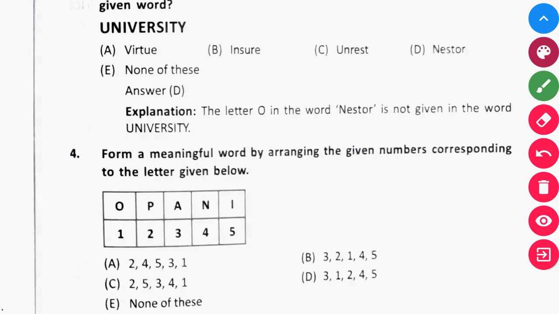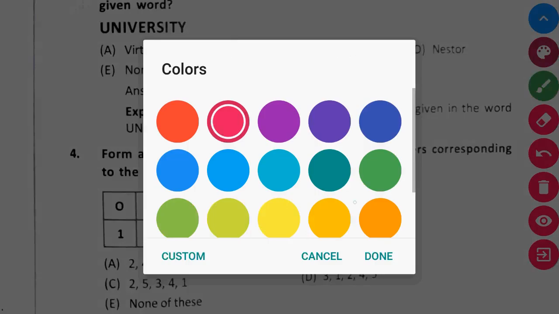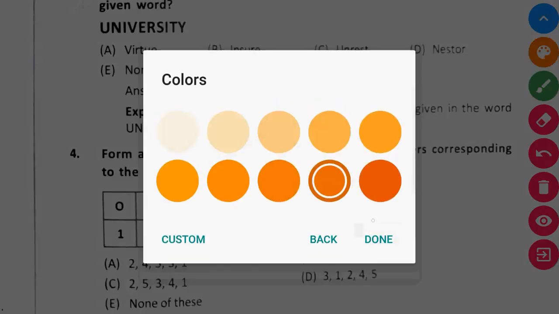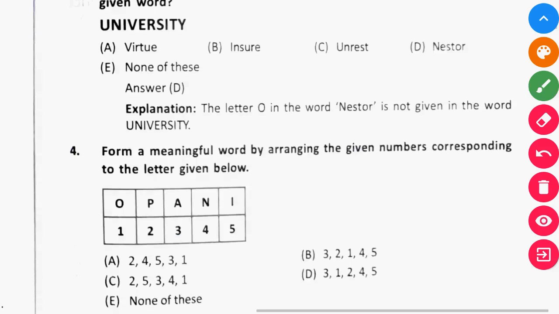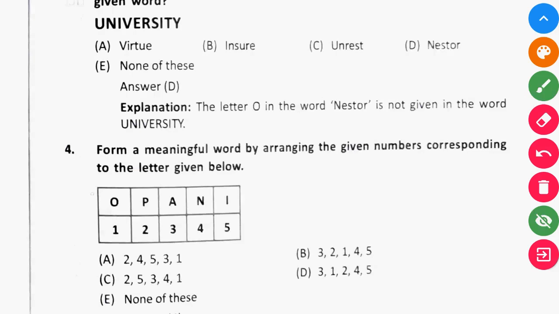Now see, this is also one of the trigger wala question, because you have to find one meaningful word from these letters, and then you have to arrange these numbers according to that word. So OPANI makes a word which is piano, which has meaning, it is a musical instrument.